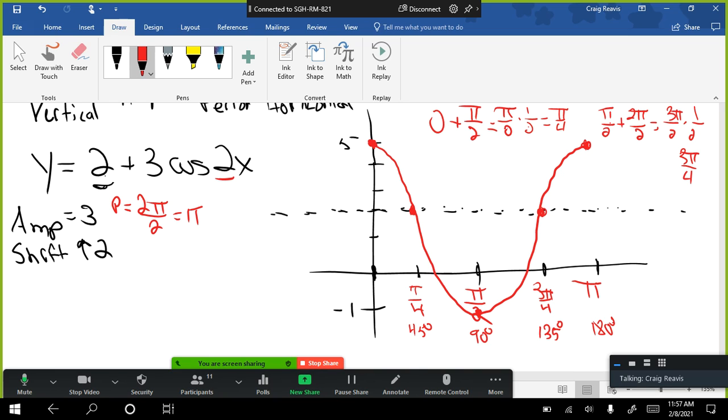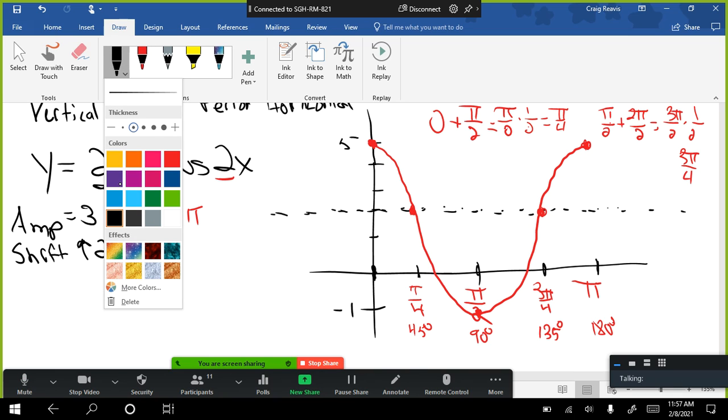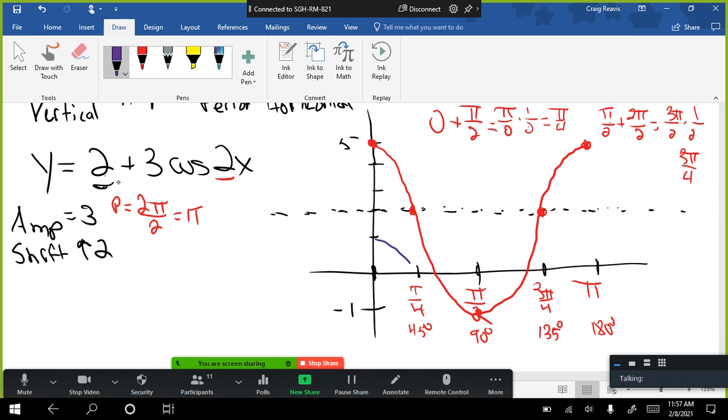So what's our standard? Our standard cosine curve is right here. It starts at 1. Pi is usually half of it.